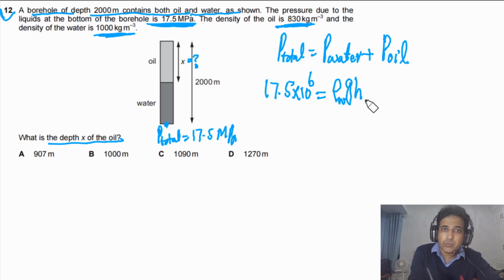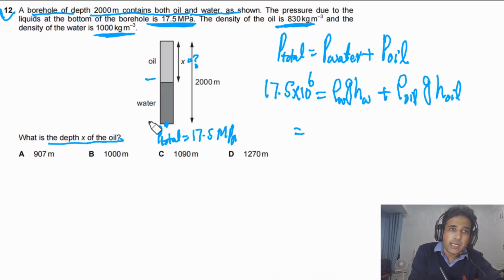So this is the density of water, this is the height of water, plus we have the density of oil, g, and this is the height of oil. HW is the height we are talking about here, and HW is equal to 2000 meters minus x.